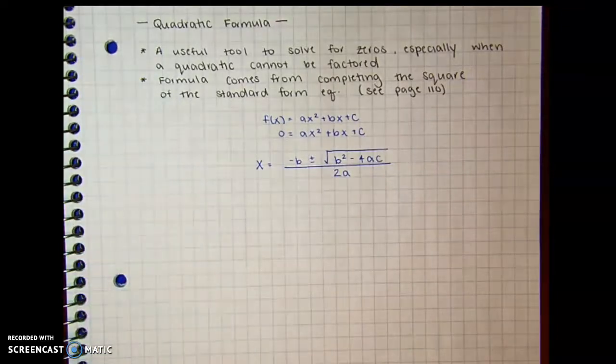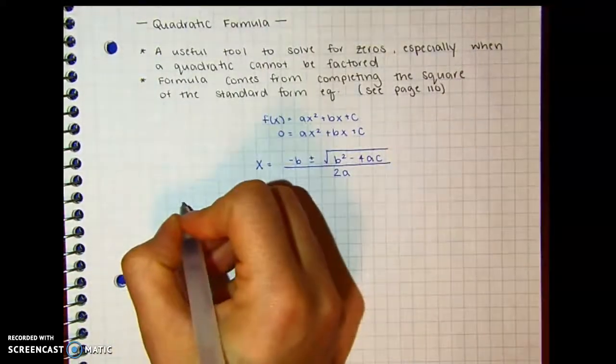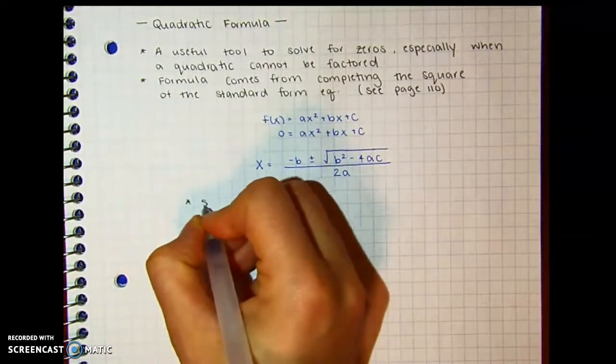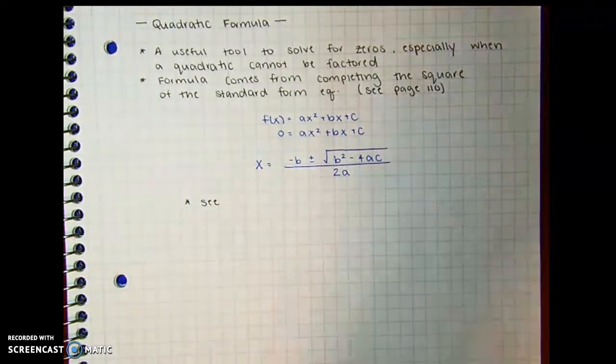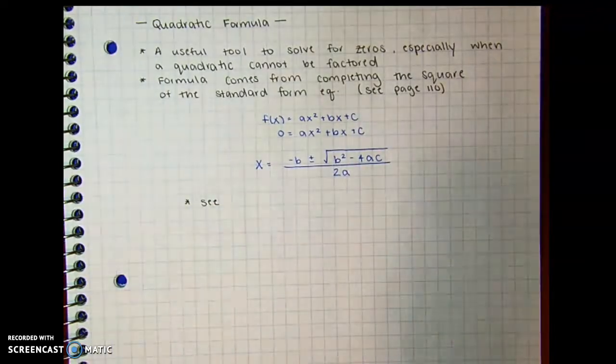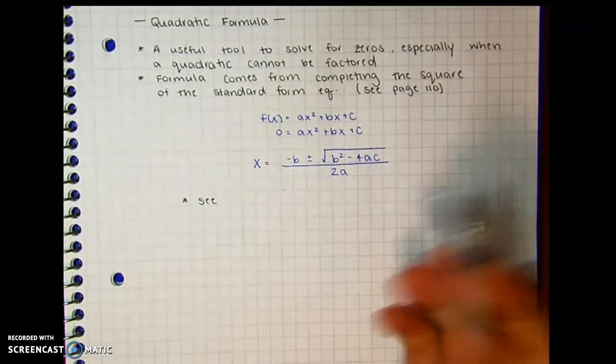So if you want to see examples, there are examples on pages 110 and 111. I'm not going to go over any because they're really just algebra problems. You substitute and then you simplify.